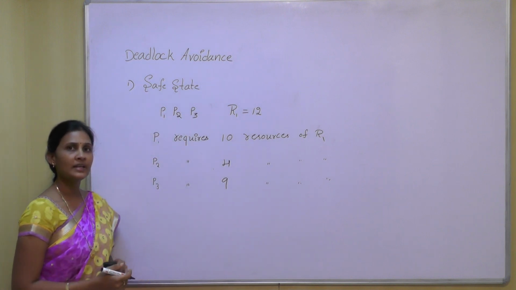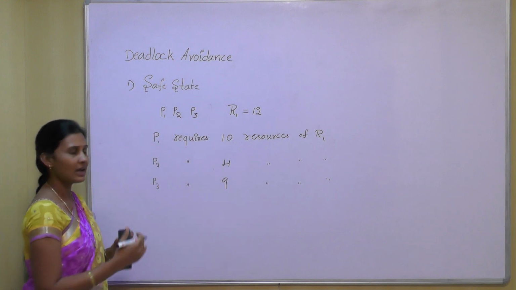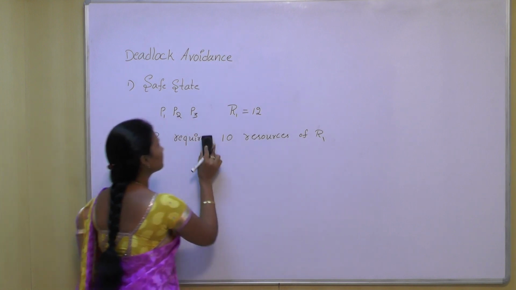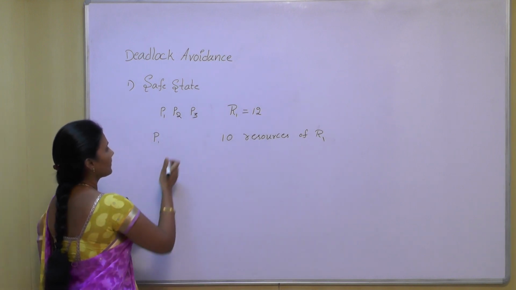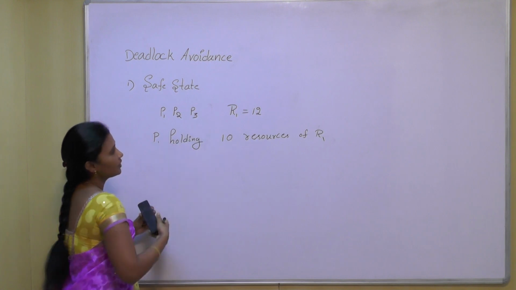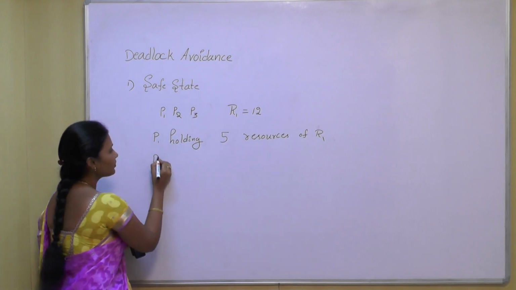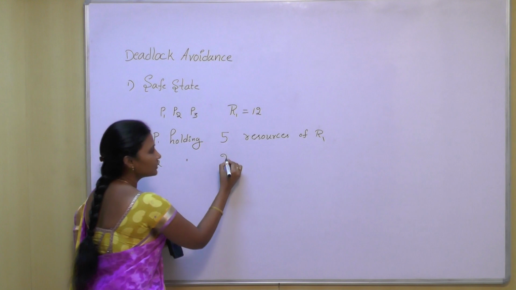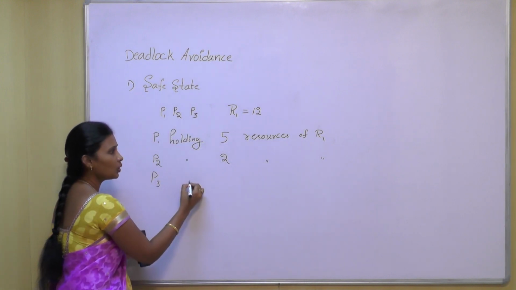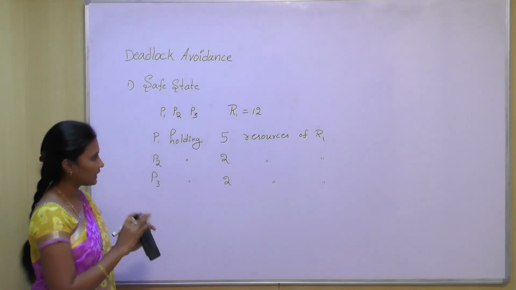The operating system allocates the resources as follows: P1 holds 5 resources of R1, P2 holds 2 resources of R1, and P3 holds 2 resources of R1.